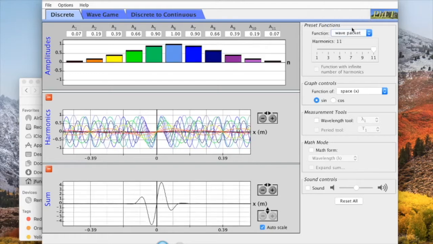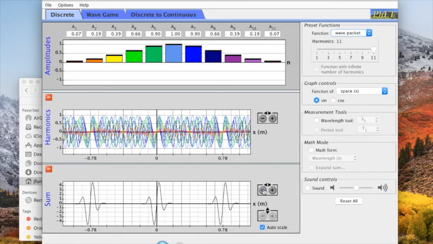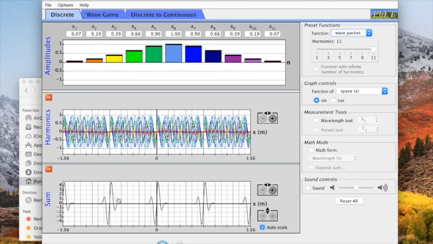So I'm going to select wave packet here. You can see that we've now added up a whole bunch of different sine functions, and lo and behold, we have something that starts to look a little more localized. That's a little deceiving, because if we zoom out, we can see that this is still periodic.